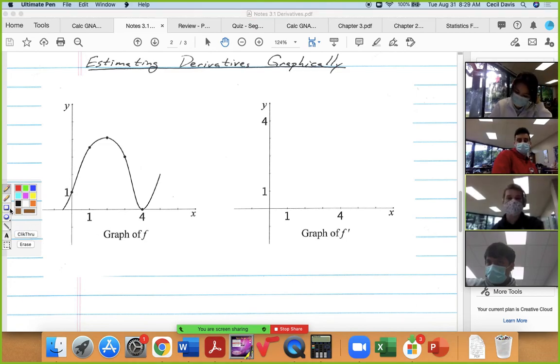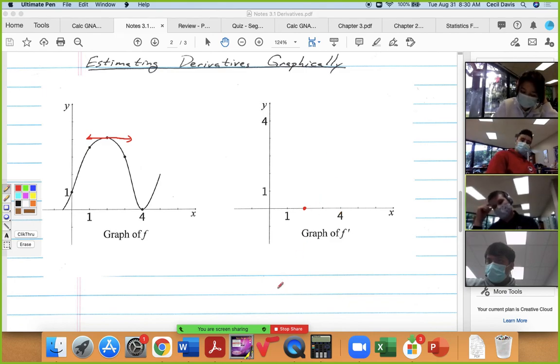For example, right here, what kind of slope does that tangent line have? Yeah, it's pretty close to 0. It looks to me like it might be slightly negative, but close enough. So that's at 2. So the graph of f prime, that's going to be pretty close to 0.